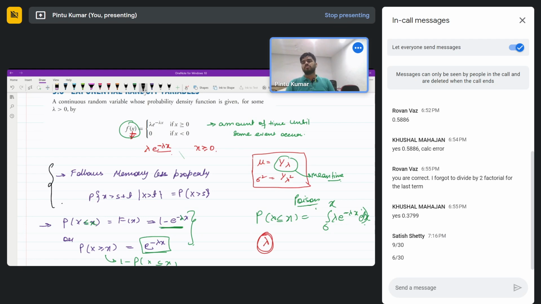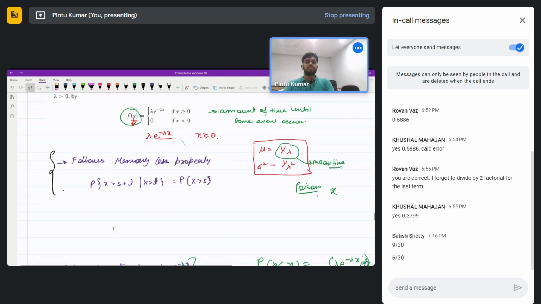So the memoryless property says that... how should I quote it? The probability of an event happening after, let's say, what does this mean?